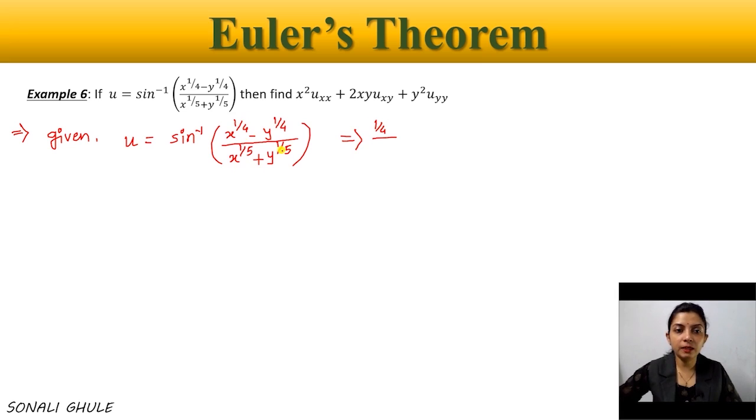And degree in denominator is what? 1 by 5. And doing the subtraction, what I get? 1 by 4 minus 1 by 5. And if we solve this, it will give us 1 by 20. Okay. So, it is a homogeneous function of degree 1 by 20. But who is homogeneous? U or f of u?